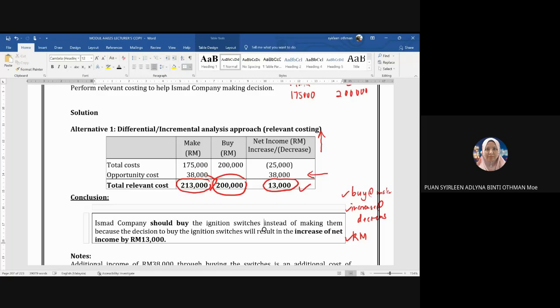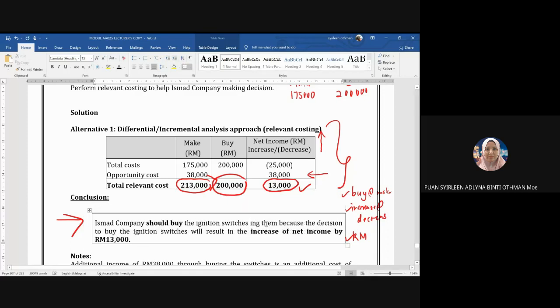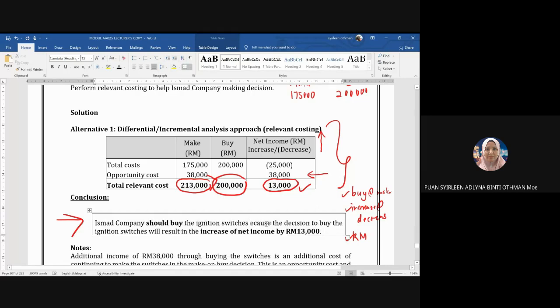So bila you buat, sebab kita kena faham sekarang kita decision making. This is calculations. So decision you mestilah dalam conclusion. So your jawapan nanti mesti ada 2 parts. Okay. So Smart Company should buy the ignition switch.